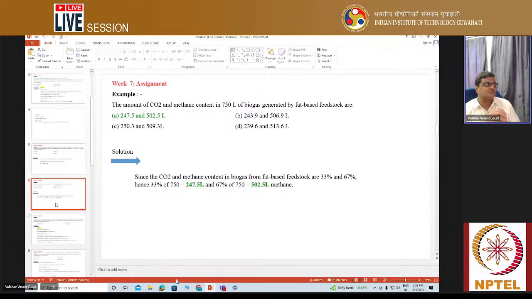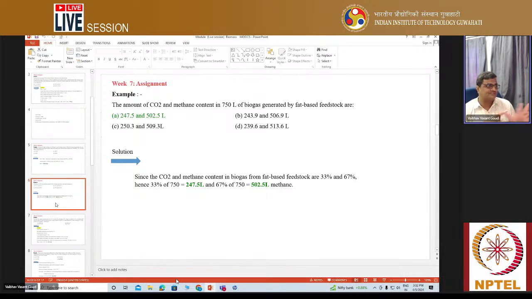Suppose you remember that particular table, then the CO2 and methane content in the biogas from the fat specific feedstock is 33% and 67%. So 33% of the 750 liters is nothing but 247.5, that is the CO2. And 67% of the 750 is 502.5, that is the methane. So this is basically the answer to this particular question.